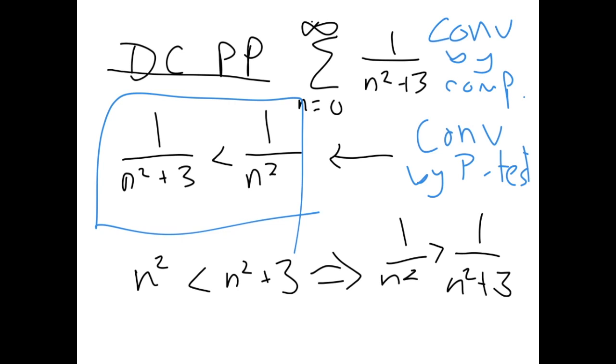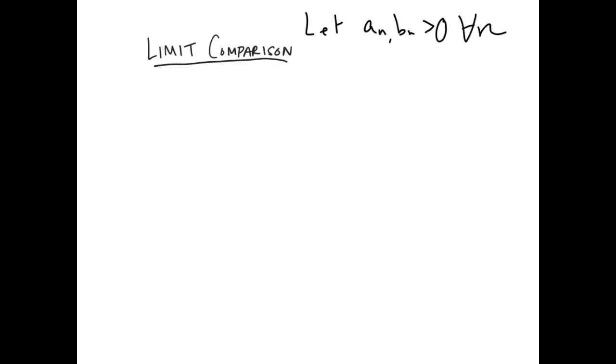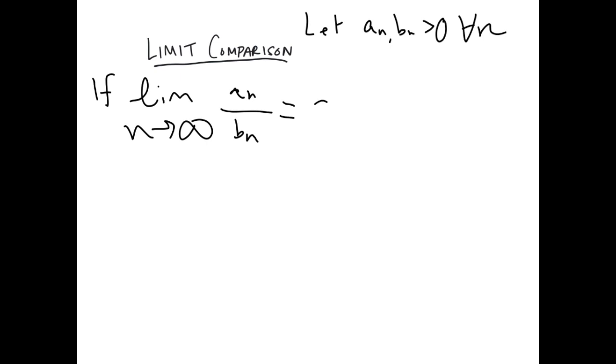All right, let's look at another test. Okay, so the limit comparison test has a general statement where we can use this, and then I'll get into the more specifics of it. So if the limit as n goes to infinity of an over bn equals some c, where c is not infinity and it's not 0, so c is bounded by 0 and infinity, somewhere in there.